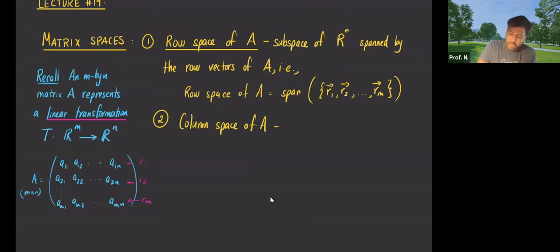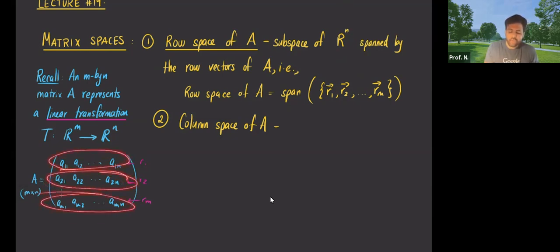M and N matter. So the row space of A is a subspace of Rn. Why is it a subspace of Rn? Because there's m rows, and each of those row vectors has a total of n entries. So the rows are elements of Rn, and that's why it's a subspace of Rn.